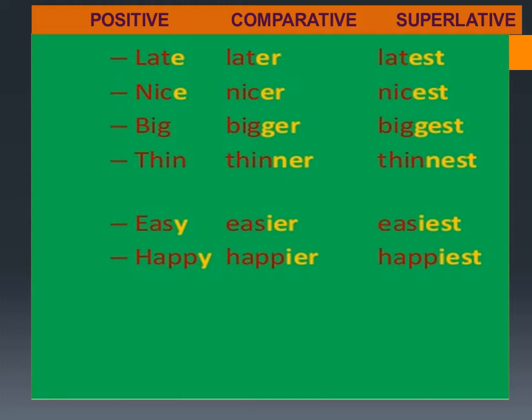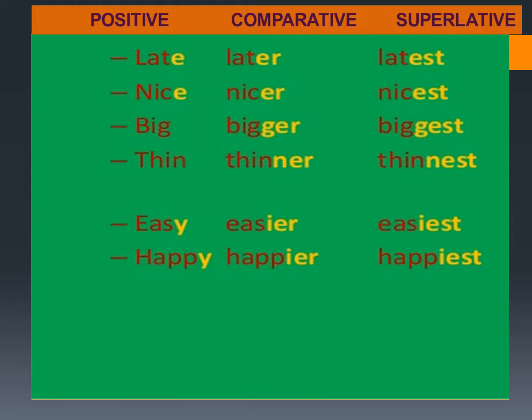Now look at the next third example, children. Big. Comparative form is bigger. Superlative is biggest. Next one, thin. Thinner. Thinnest. What did you observe in these two examples?